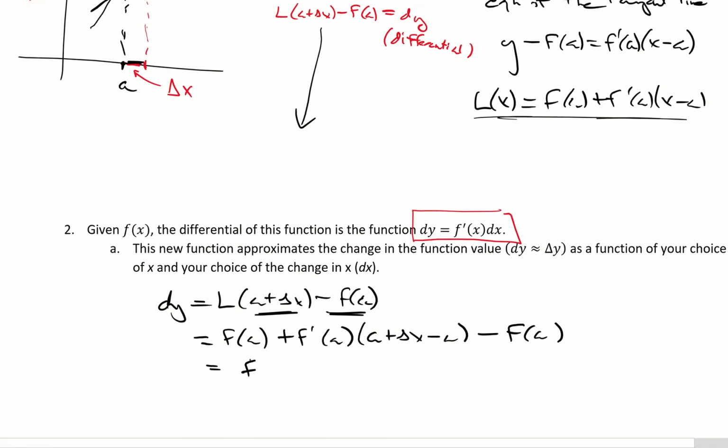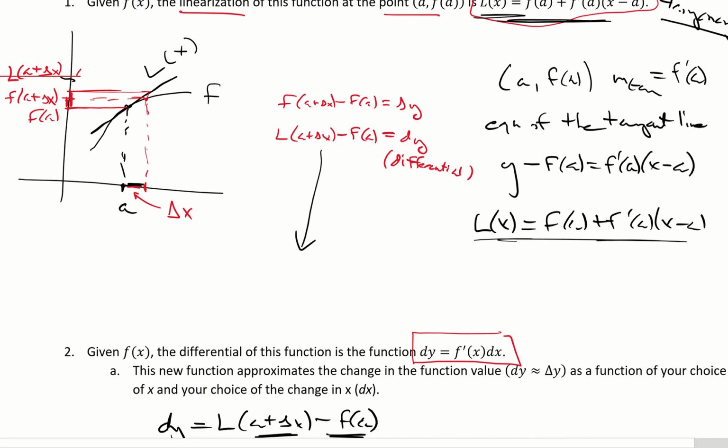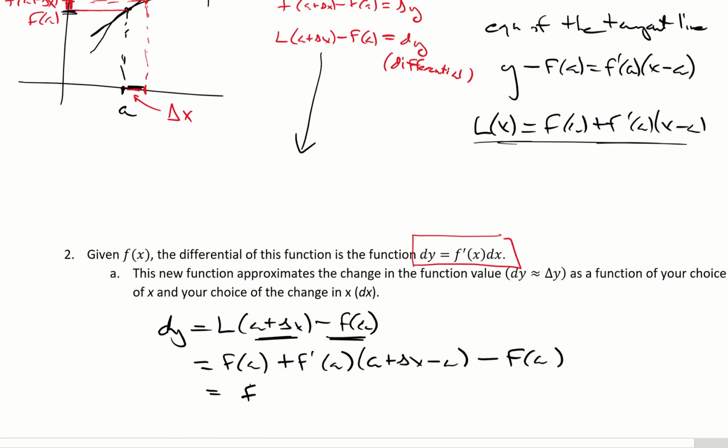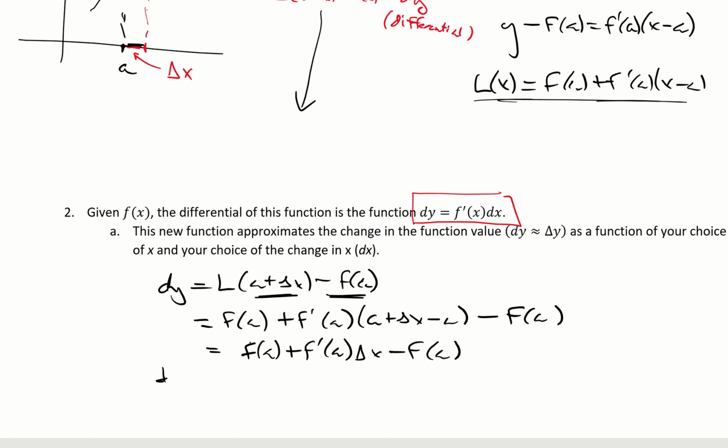So I'm going to take this L of a plus h, and subtract from it f of a. What we're getting is f of a plus f prime of a, and then the a's cancel, times delta x minus f of a. So dy, the change along the tangent line, is going to be f prime at a times delta x.